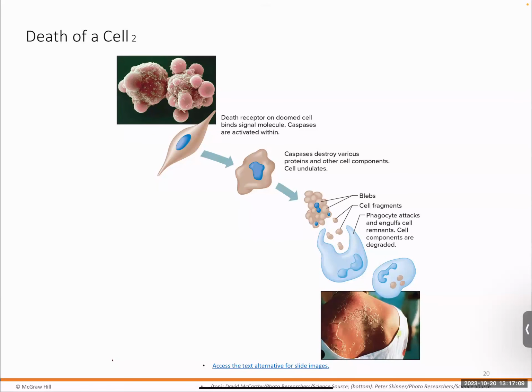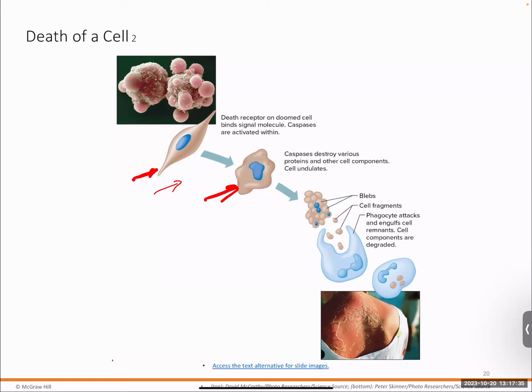Here's a depiction of what that cell death looks like. Here's a cell that's starting to be destroyed. You can see that the cell starts to lose its shape. It was a beautiful shape right here on the first image. And then as time passes, the cytoskeleton is being destroyed, and caspases are destroying the proteins inside the cell. Then you start to lose the shape.